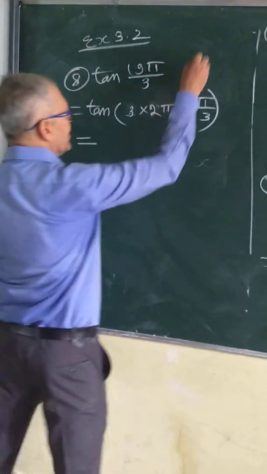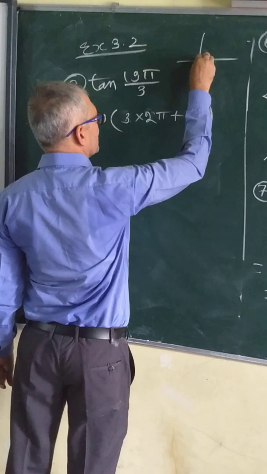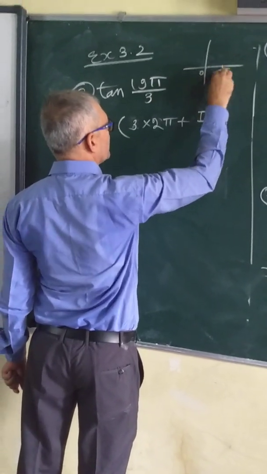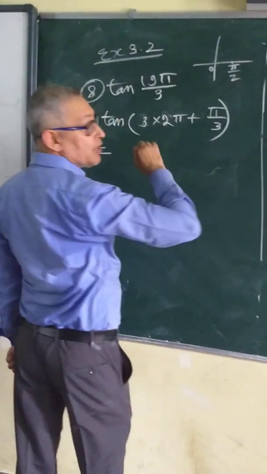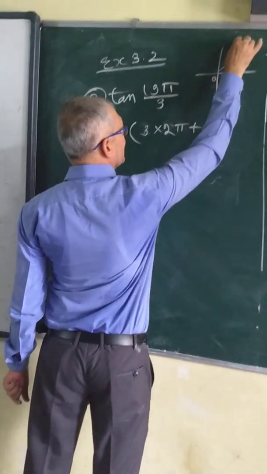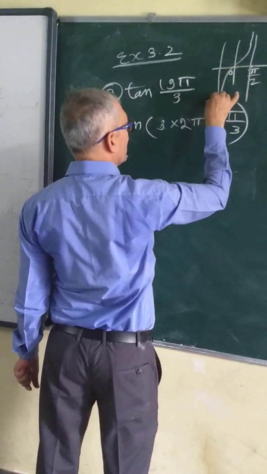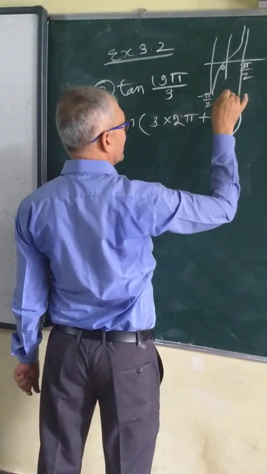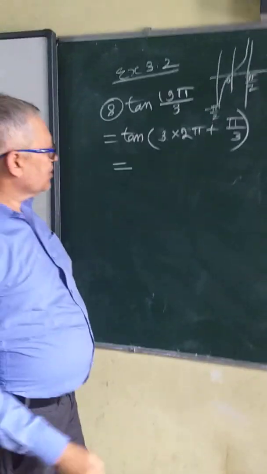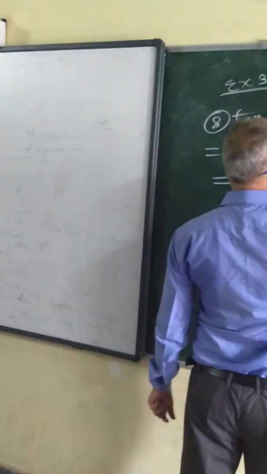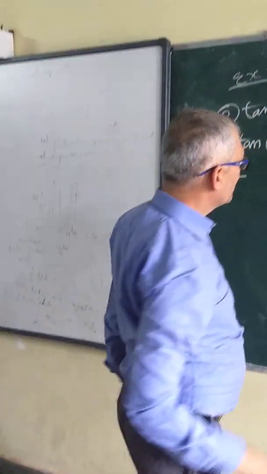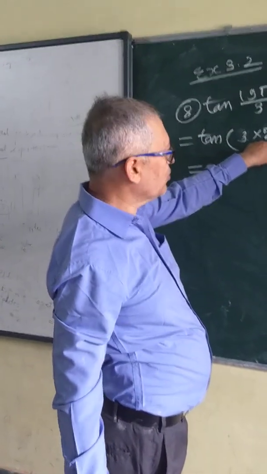Now the graph of tan is like this. This is 0 degrees, this is pi by 2. So at pi by 2 the value of tan is infinite. It goes to infinite. And at minus pi by 2 again it goes to minus infinite. And the value at angle 2 pi is 0.